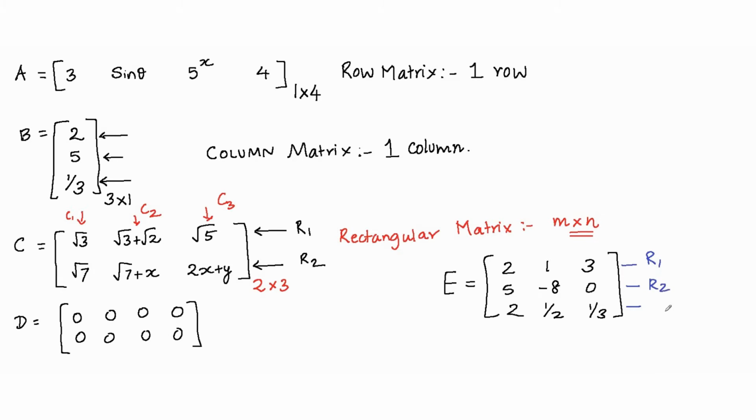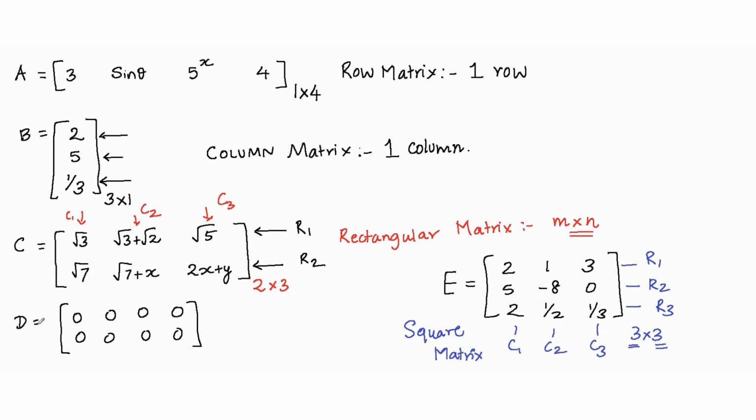And there are 3 columns, that's C1, C2 and C3. The order of this matrix is 3 by 3, and such a matrix where the number of rows is equal to the number of columns is called a square matrix. So a square matrix is that matrix where the number of rows is equal to the number of columns.